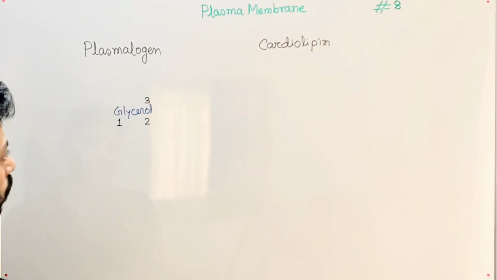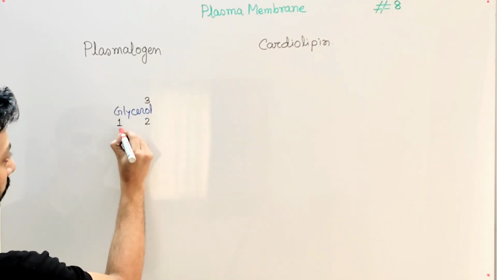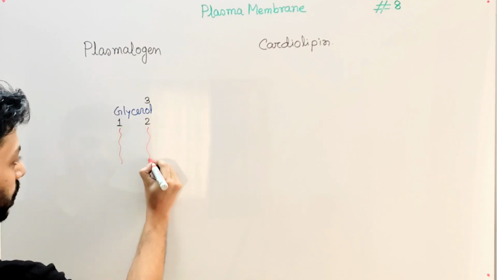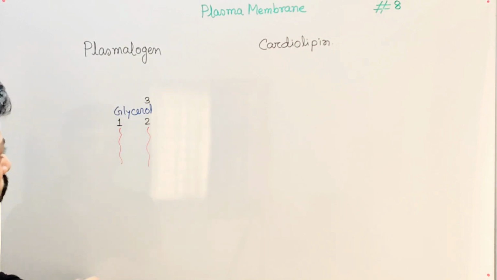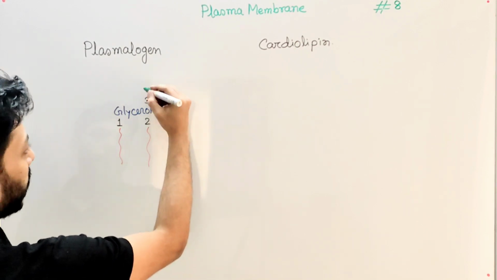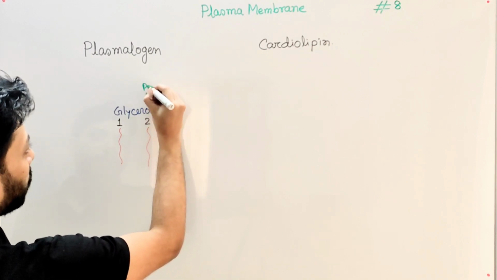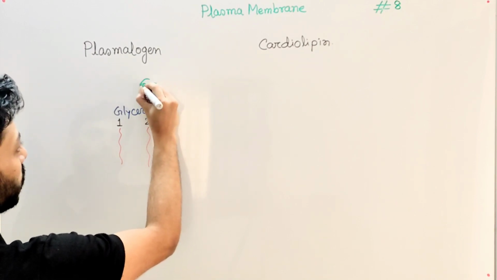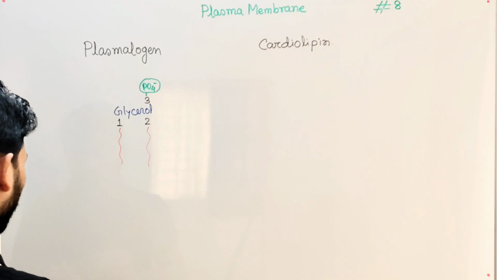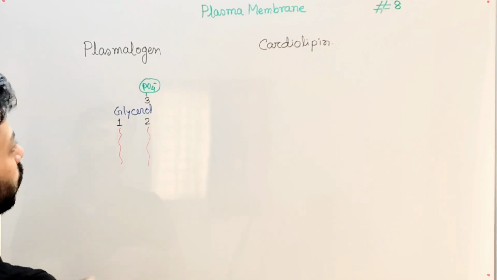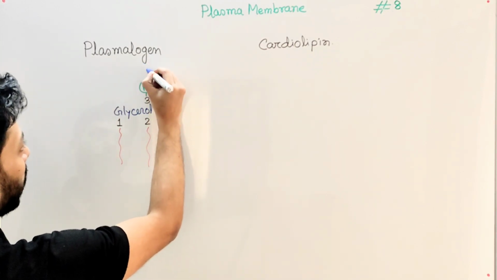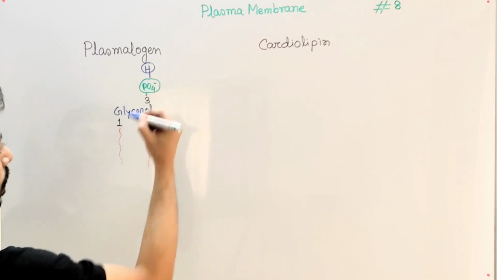With the first and second carbon, two fatty acid chains are attached, and with the third carbon a phosphate group is attached. This is the basic structure of phosphoglycerides, and with the phosphate group one alcohol head group is attached.